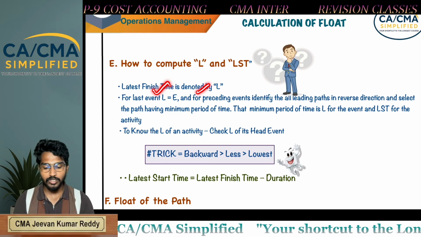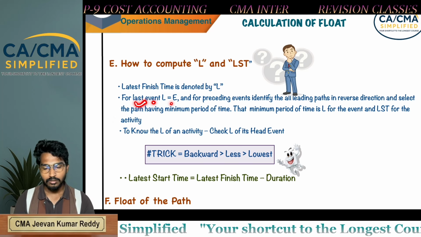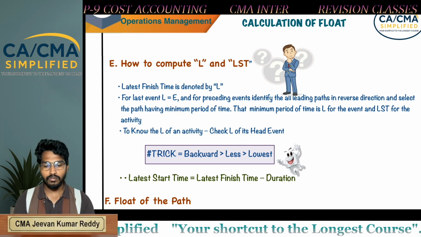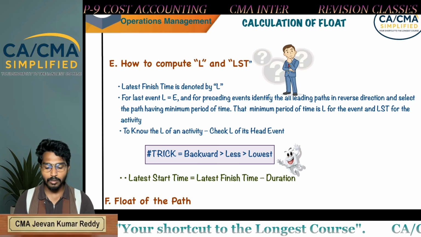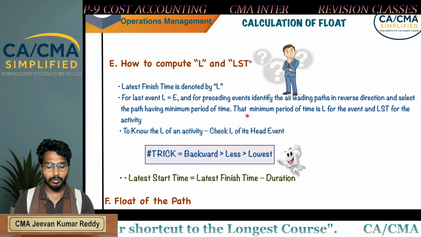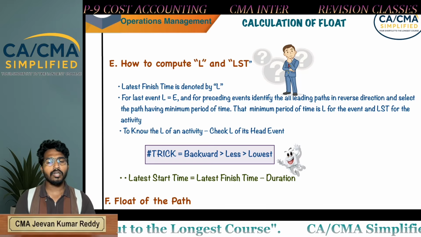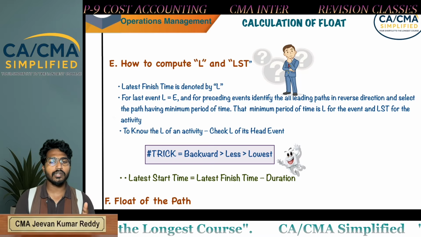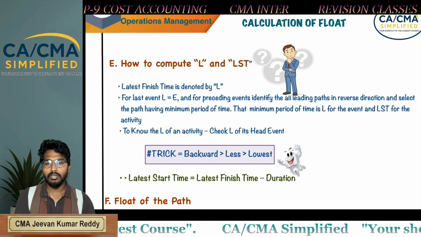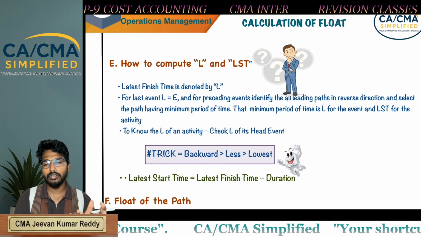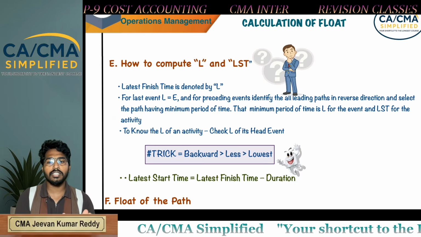How to compute L? Latest finishing time is denoted by L. For the last event, L is equal to E, and for preceding events, identify all leading paths in reverse direction and select the path having the minimum period of time. That minimum period of time is L for the event and LST for the activity. So for calculating L, you must come from reverse. For the last event, L is equal to E, and you deduct the duration from the last event, so you will get the L of the next event in reverse order.